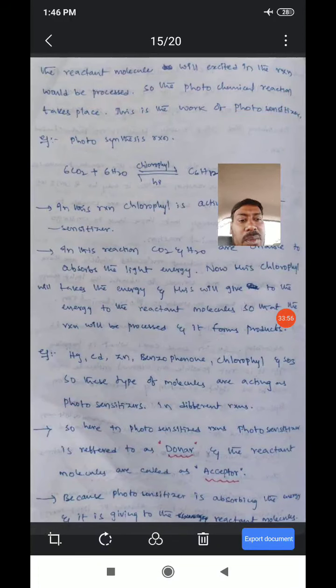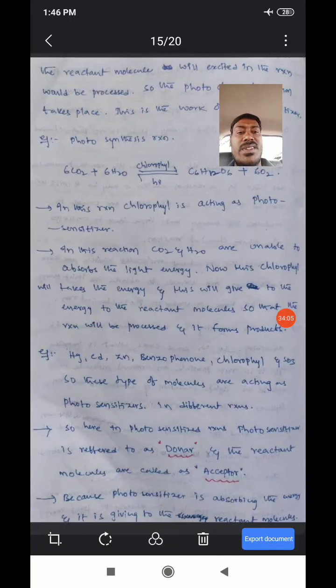So the photochemical reaction takes place. This is the work of the photosensitizer.